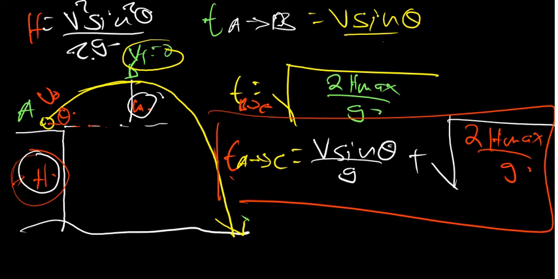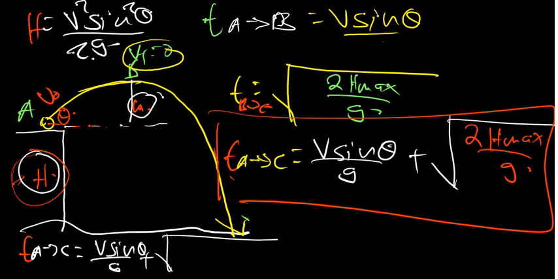The next thing we need to know is how to find the range. Let's put this formula here: t from A all the way to C is equal to V sine theta over g plus the square root of 2h max divided by g.